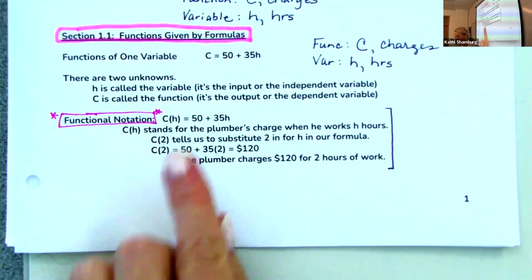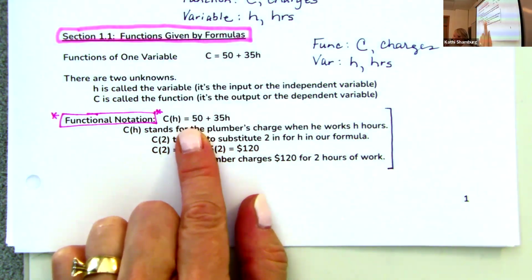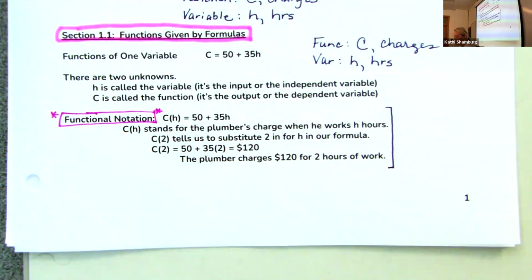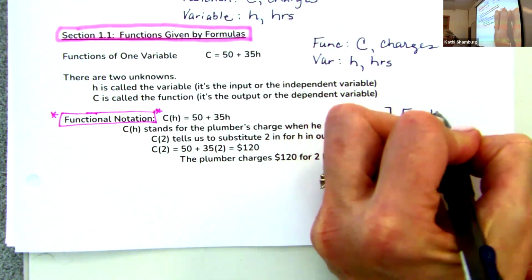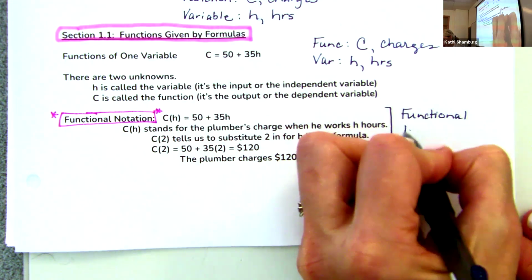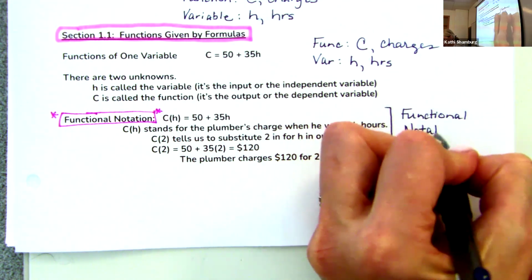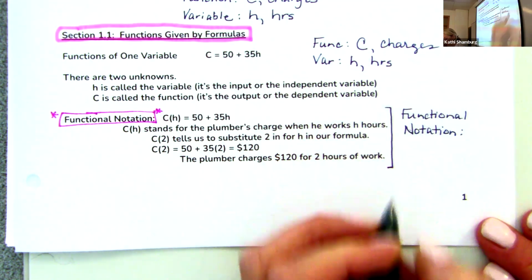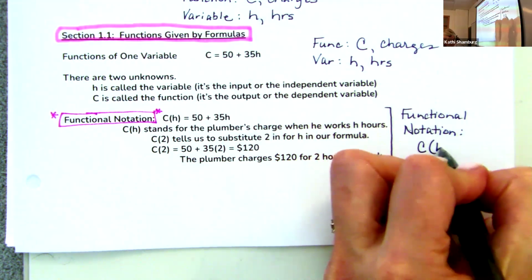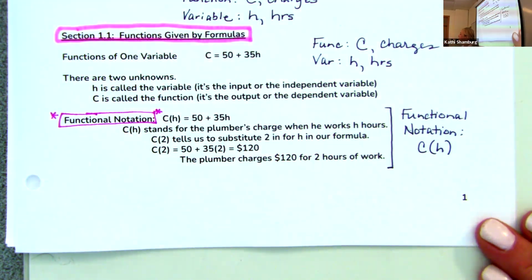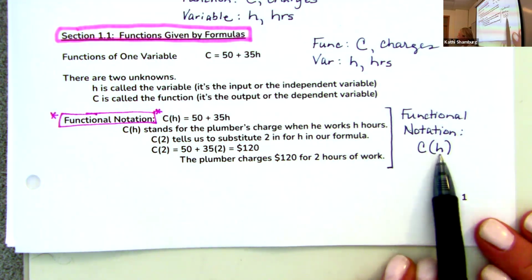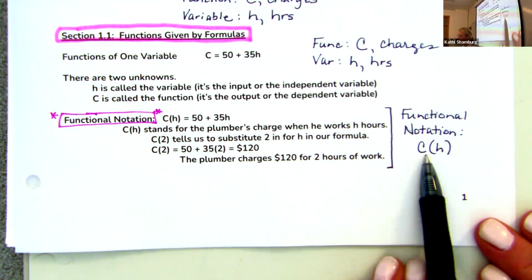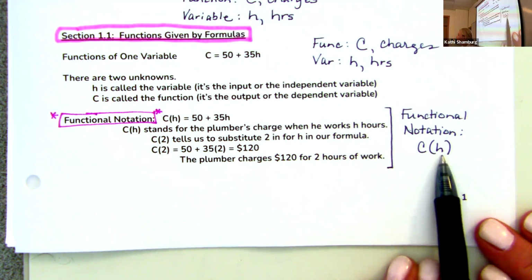So here's my equation. We know that C is the function and H is the variable. If I asked you what is the functional notation, all I'm asking for is C at H, which is basically my charges at H hours.